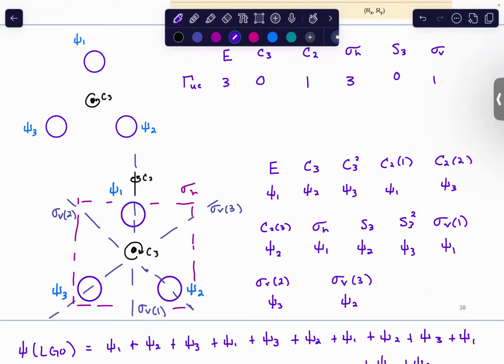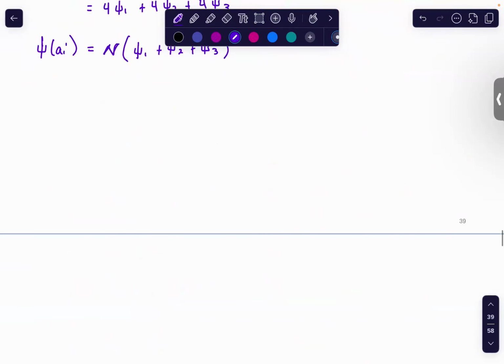Okay, let's think about the E prime. E prime is going to have two symmetric representations. It's going to have to be represented by nodes that are perpendicular to each other. Let's look at the first one.